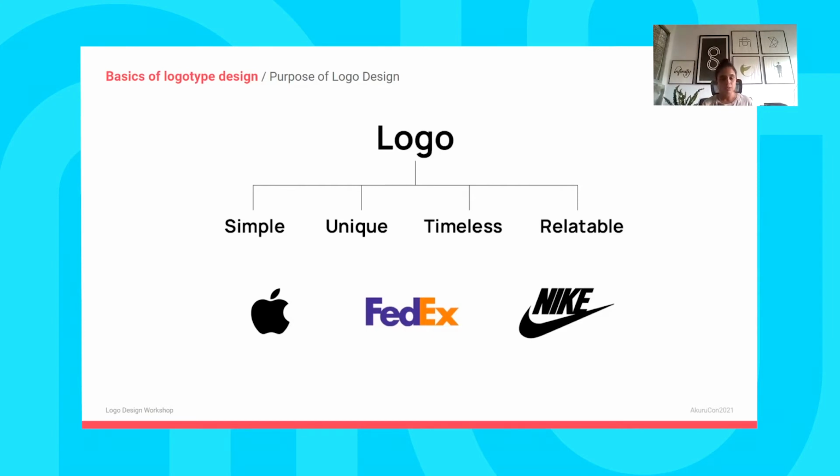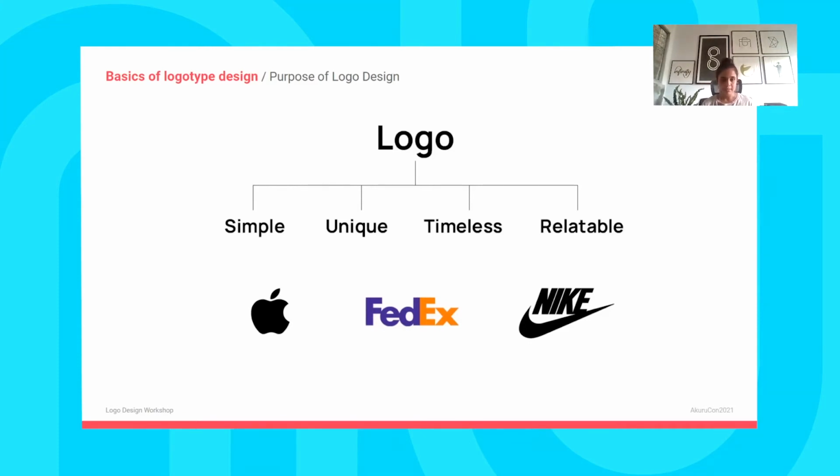That is, if a logo is scaled down to the size of an icon, it should still be clear and convey the message. And if it's a wordmark logo, such as FedEx, then it should be readable. The letters should be very clear, and the audience should be able to clearly read the word. And then a logo should have an aesthetic appeal.